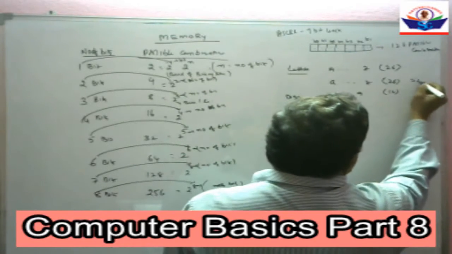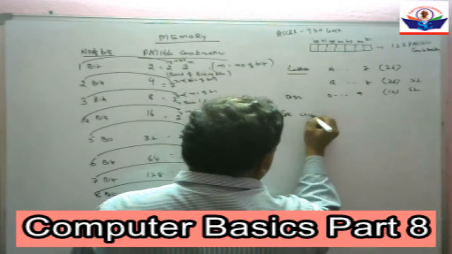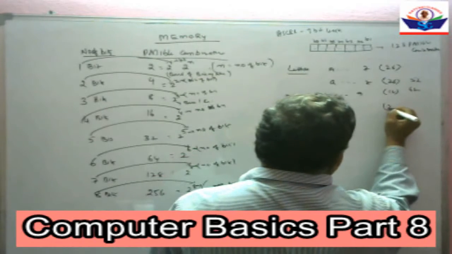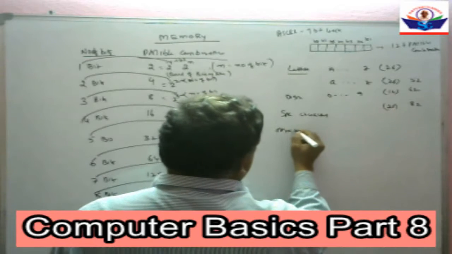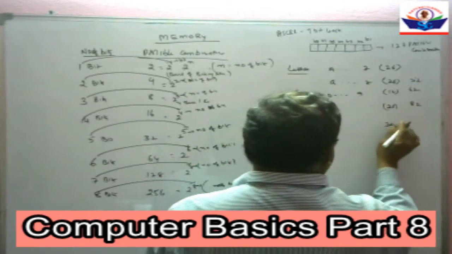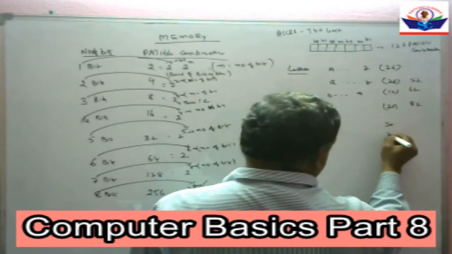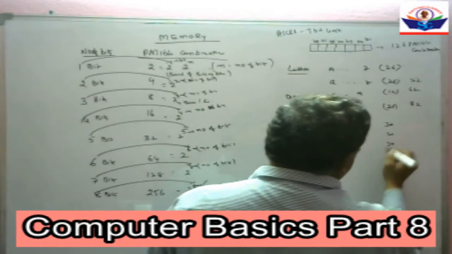That means 52, 62, and special characters. Special characters may be 10 or 20, 82, and mathematical symbols may be 30. Take an example: physics symbols 30, chemistry symbols we may have.